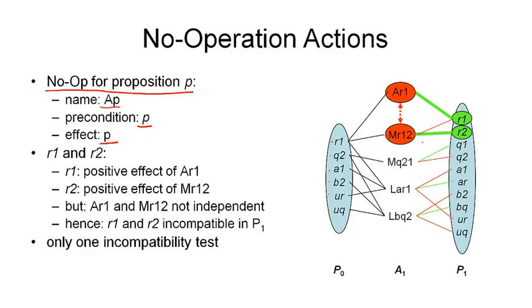And that of course means that the two propositions are incompatible in layer P1, but this time for a different reason, namely because the two actions that add them are incompatible. So the introduction of the no-op operations means we don't have to explicitly carry forward propositions from one layer to the next, because the no-op actions do that for us, and they simplify our incompatibility test for propositions in the same proposition layer.